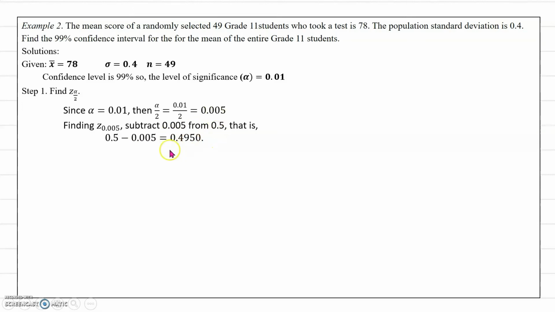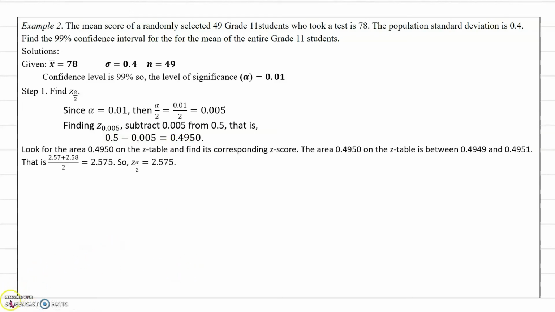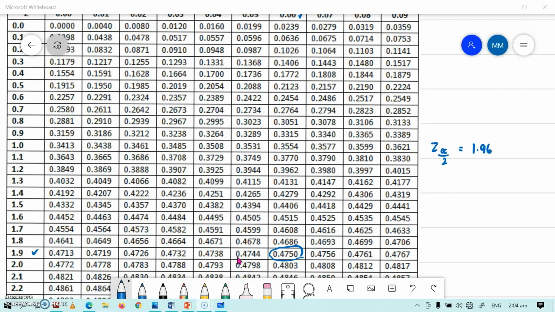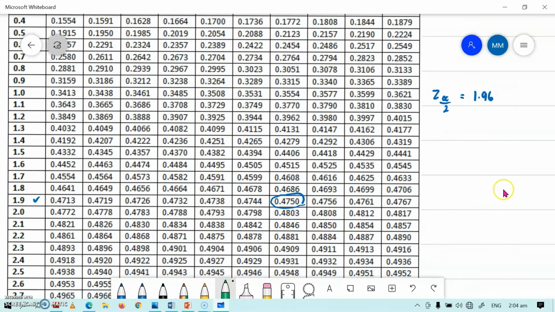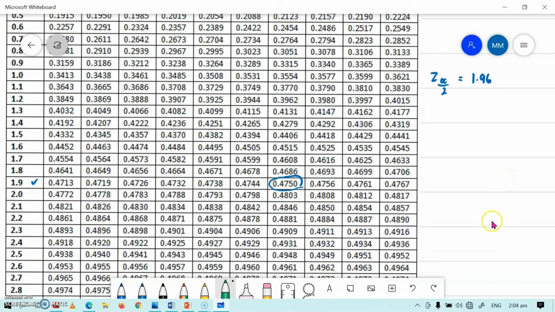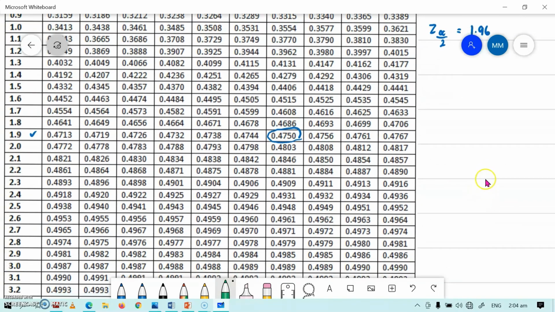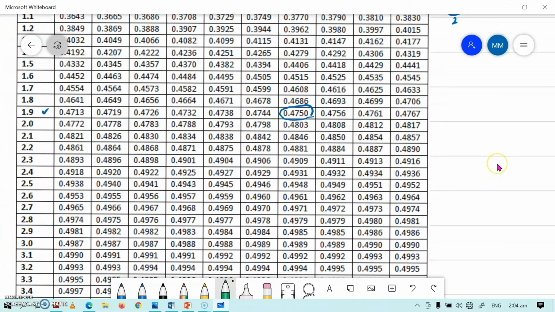From here, we'll now use our z table to find the corresponding z-score of 0.4950. And we are back to our z table, finding the area 0.4950.